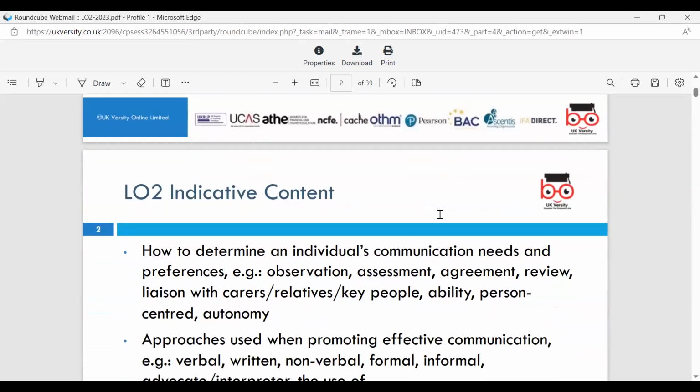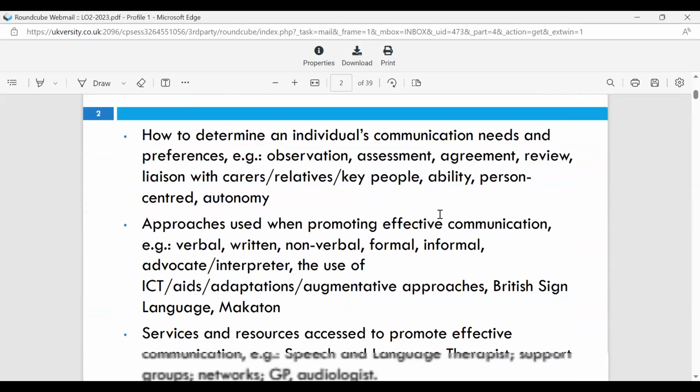So the indicative content for learning outcome 2 is how to determine an individual's communication needs and preferences: observation, assessment, agreement, review, liaison with carers, relatives, key people, ability, person-centered autonomy.